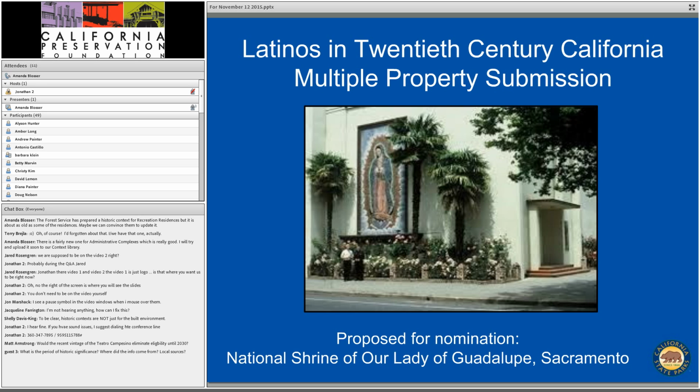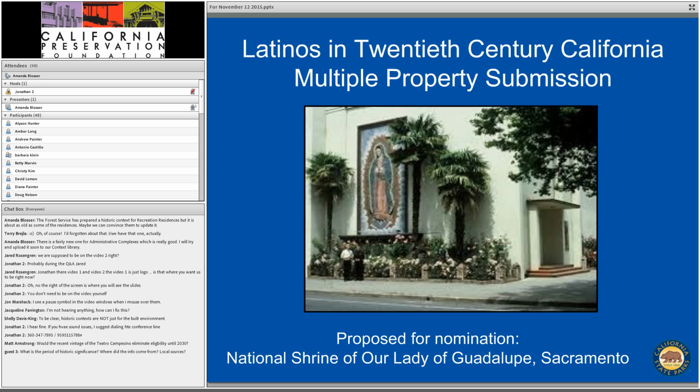but I believe its real significance, the building's real significance, lies within the context of Latinos in labor history. This was the ending point of the National Farm Workers 1966 march from Delano to Sacramento. So it's highly significant within that context.